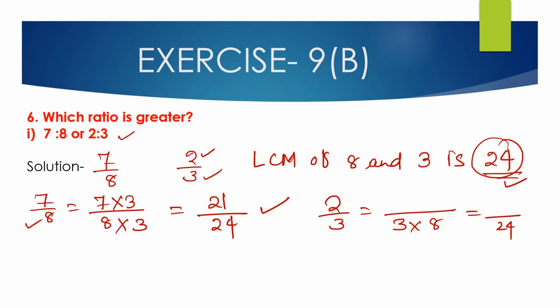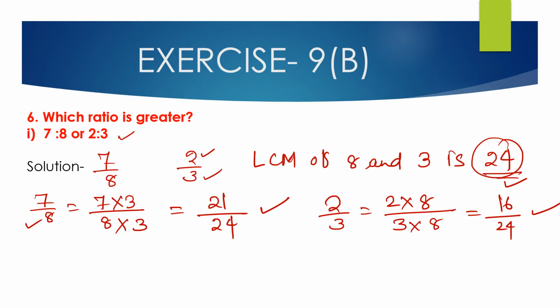So we multiply the same number 8 in the antecedent also. So 2 multiplied by 8 is 16. Now the equivalent ratio of 7 divided by 8 is 21 divided by 24, and 16 divided by 24 is the equivalent ratio of 2 divided by 3.